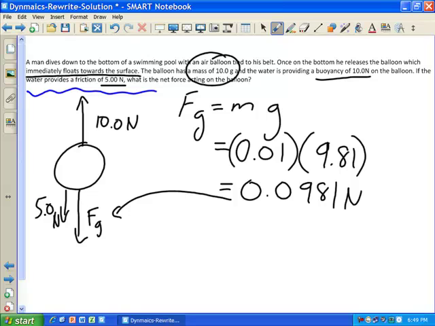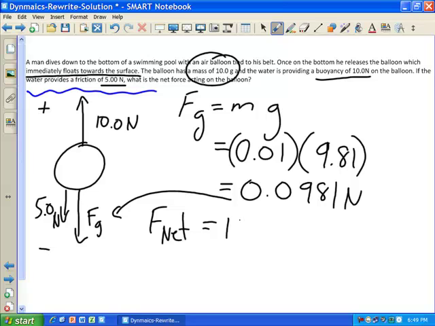Well, net force is the sum of all your forces. But let's define up as positive and down as negative. Remember, that's not always the case, but here I've clearly defined it. So I can put this together to say, my net force is just the sum of all the forces acting on my balloon.